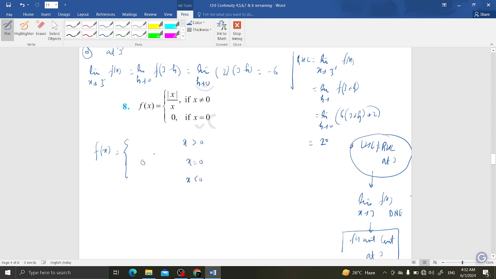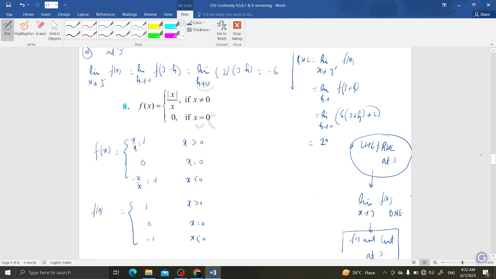For x equal to 0 it is 0, and if x greater than 0, mod x is x, so we are getting 1. And here we have minus x upon x, that we are getting minus 1. So if we redefine it, if x greater than 0 we get 1, if x equals 0 we get 0, and if x less than 0 we get minus 1.